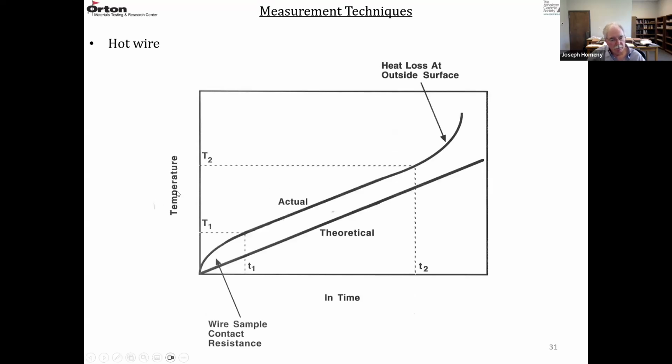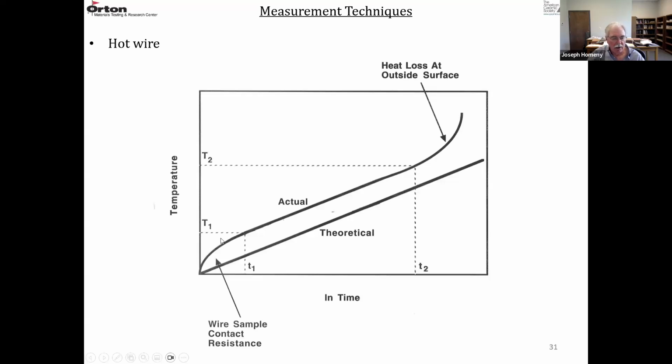If you measure temperature as a function of time when you apply a constant current to the wire, theoretically it should be this straight line. So temperature versus the log of time should be straight, but the actual experimental curve looks something like this. You do have a linear region where you take your measurement. So time 1 and time 2 corresponds to where it starts to become linear, and then time 2 and temperature 2 where it becomes nonlinear again.